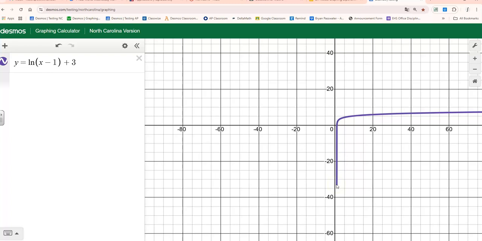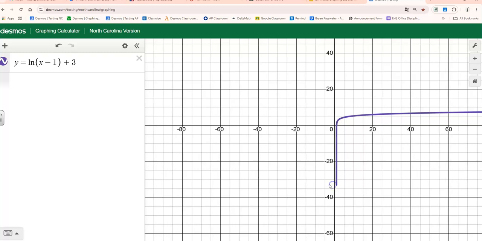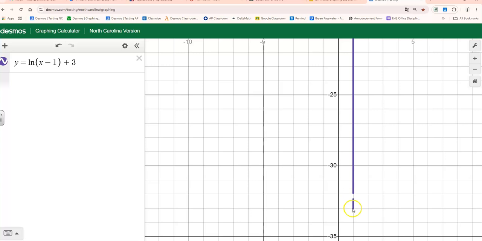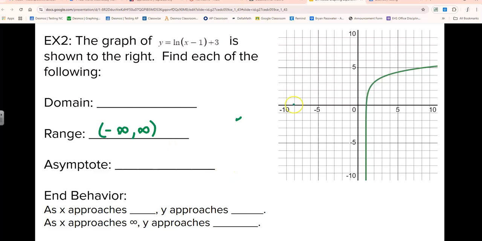They don't really. Desmos has just run out of numbers right there. It can't go any further. Also, sometimes you just get weird breaks in the graph. That is just a limitation on Desmos. In reality, that line just keeps on going down forever. So your range is always negative infinity to positive infinity for a log function.